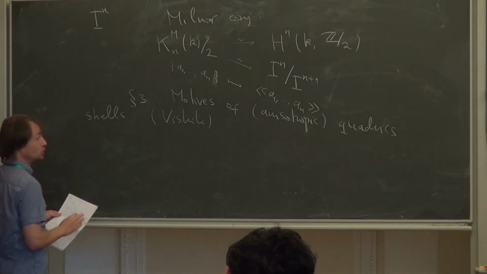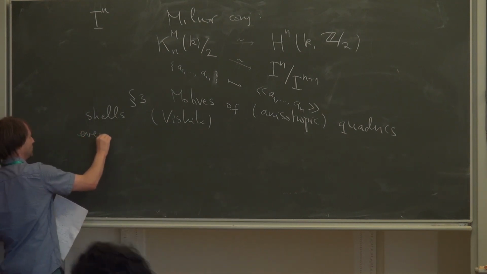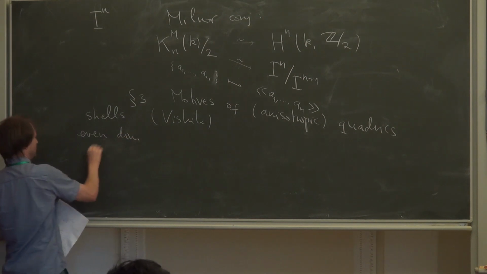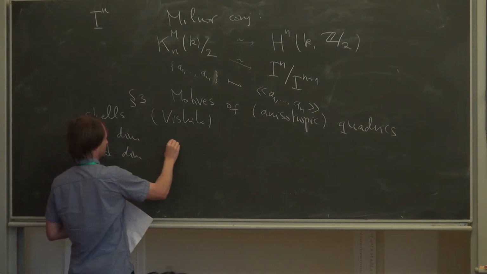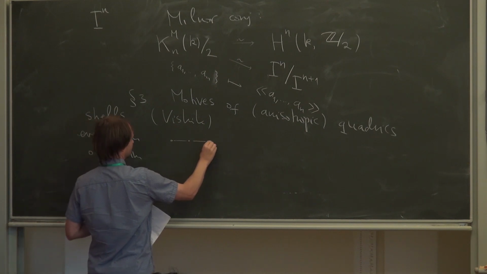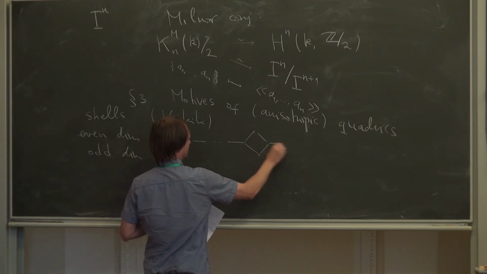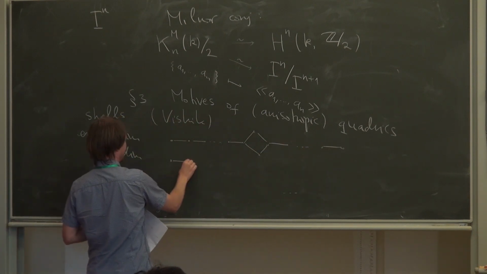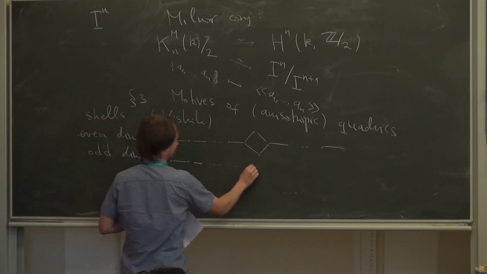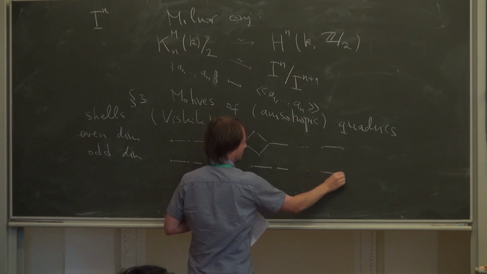Namely, we should distinguish even and odd dimensional quadrics a little bit, because the Hasse diagrams look slightly different, like this in the even dimension, and like this, like a chain, in the odd dimension.